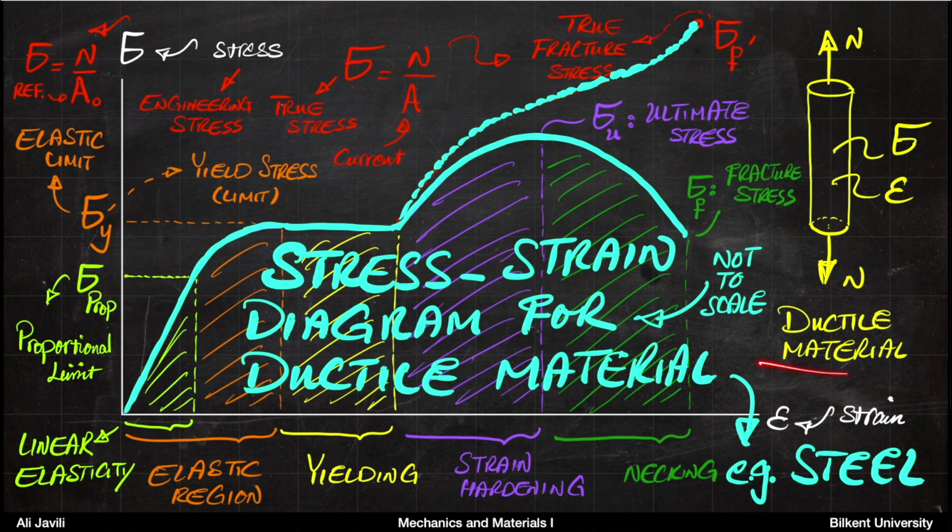And as I said, ductile materials are more interesting in terms of the stress strain diagram, but brittle materials also follow the first region similarly. So this sort of behavior, as long as we are in the elastic region, it's the same for brittle or ductile materials.